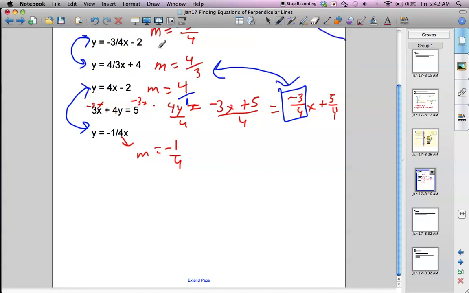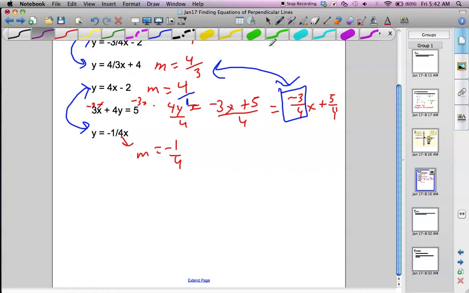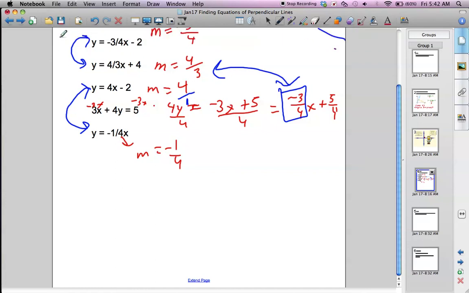So if I label the lines 1, 2, 3, 4, 5, then line 1 is going to be perpendicular to line 2.